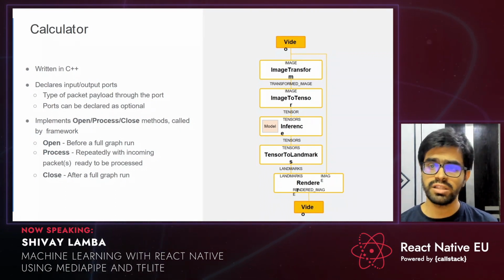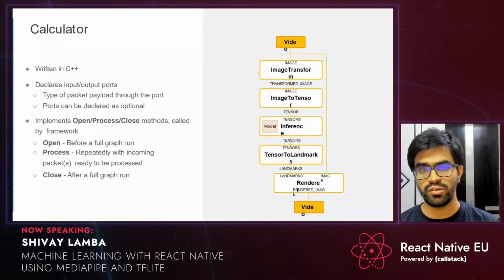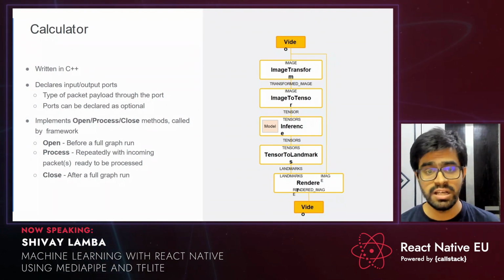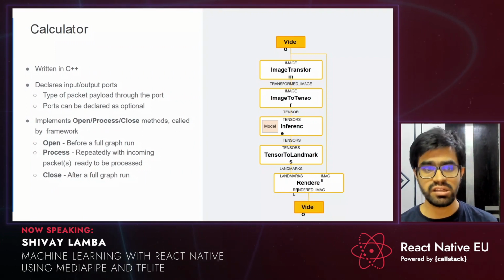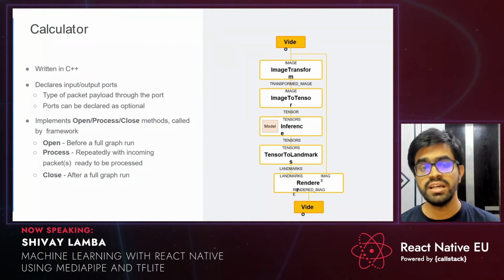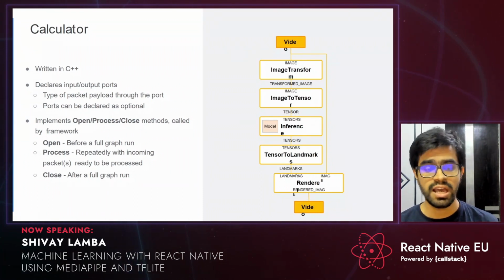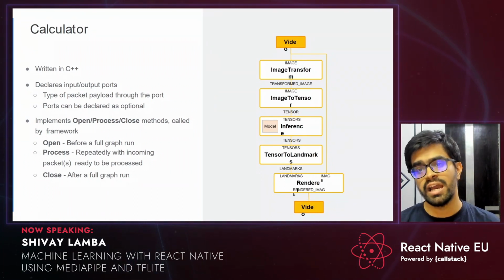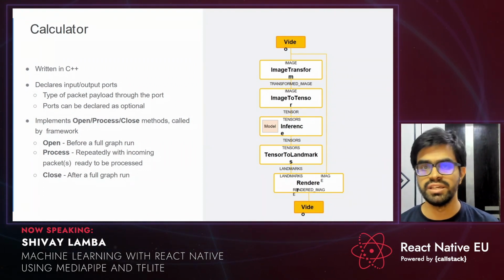And they implement something called the open, process, and close methods. Open means that the full graph is currently running. Process is called whenever input packets have arrived at the node and are ready to be processed, and close is called after one entire run has completed, when it's time to close the graph.